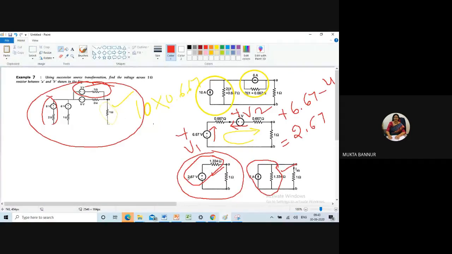Now, 2.67 divided by 1.333 yields us 2 ampere current. This is delivering a current in the upward direction. Thus, we need to consider an upward directed current source in the circuit. Okay.